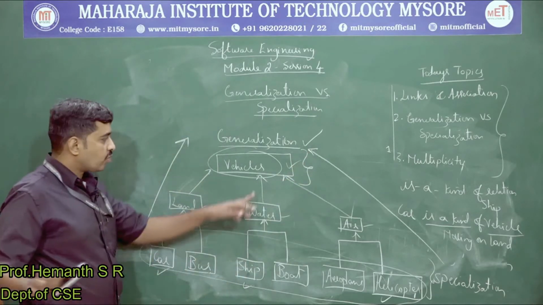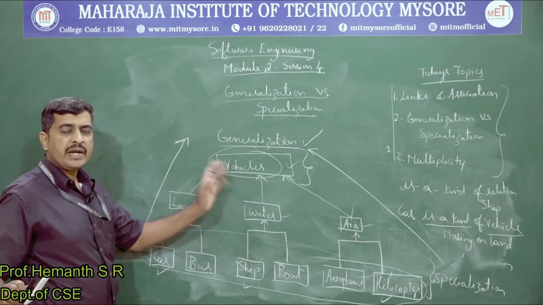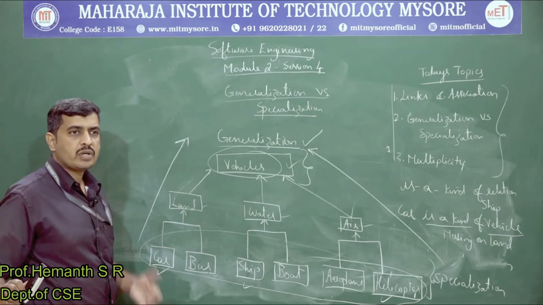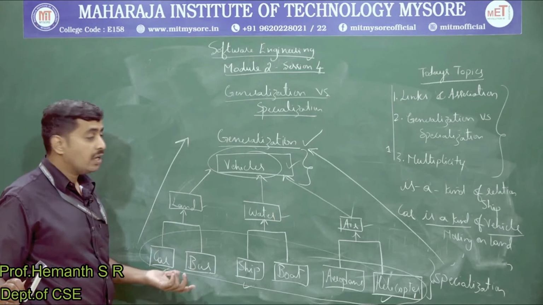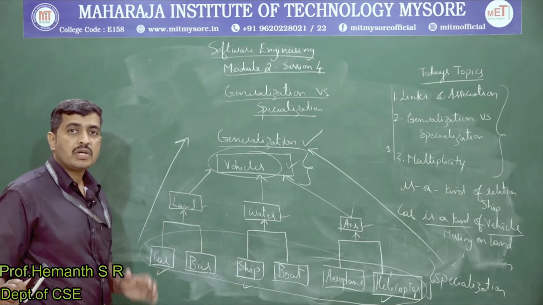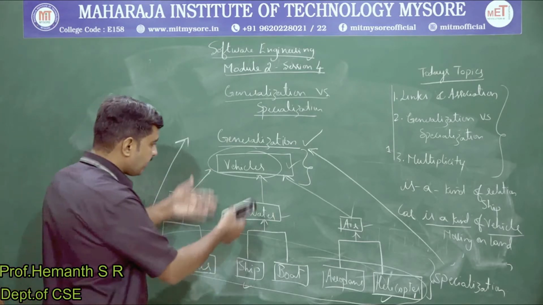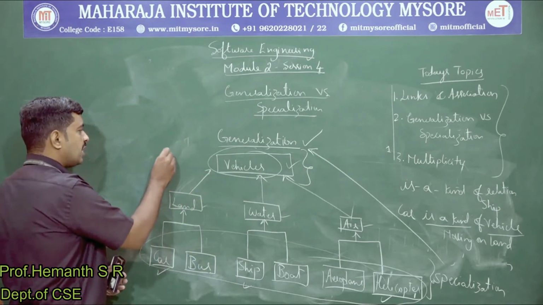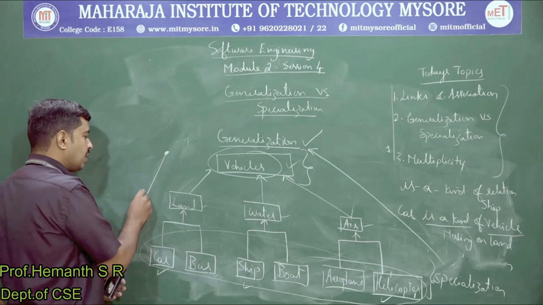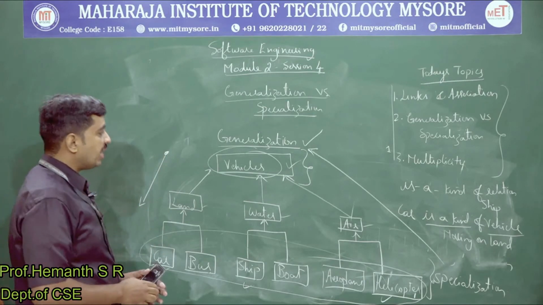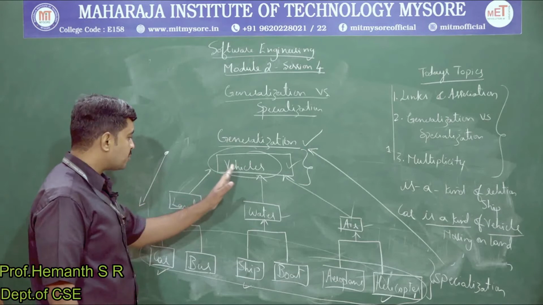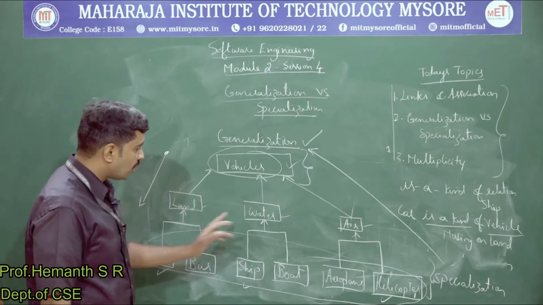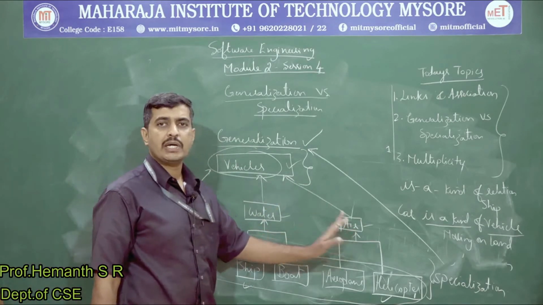So from the superclass, I need to create subclasses. Can I do it? It's definitely possible, and that is all about specialization. It's a reverse of it. For example, I will start from vehicles. Next, I will categorize vehicles to be of three types: vehicles which move on land, vehicles which move in water, and vehicles which move in air.